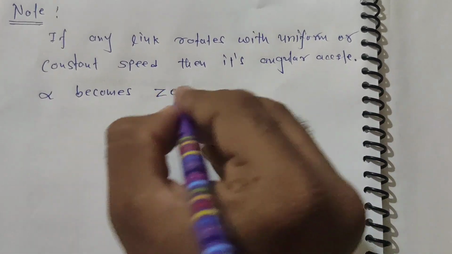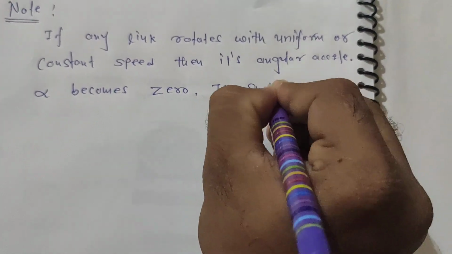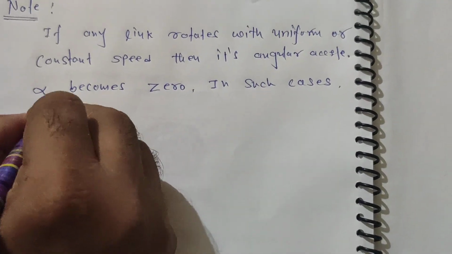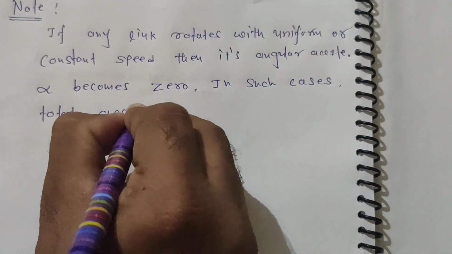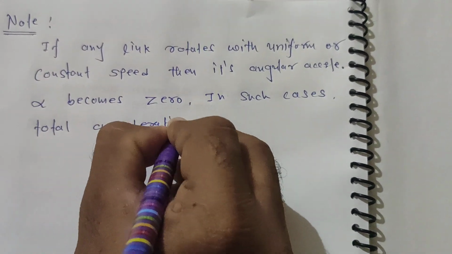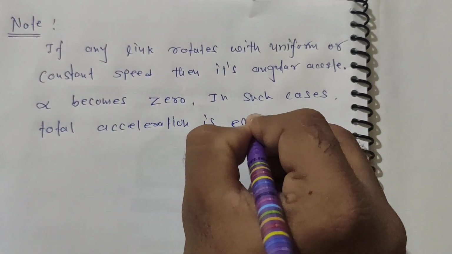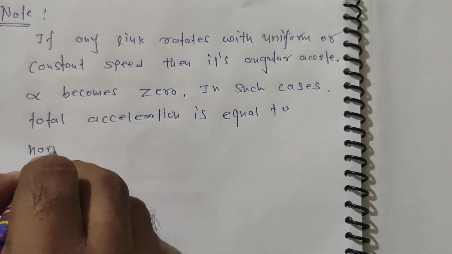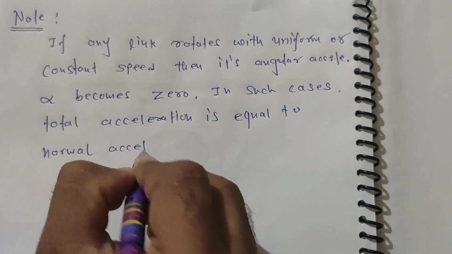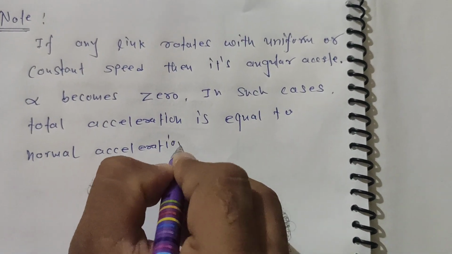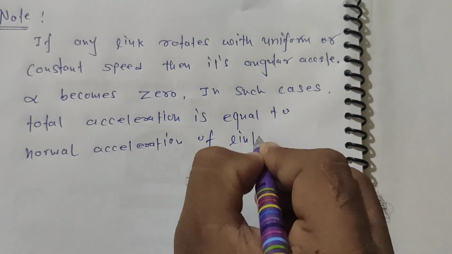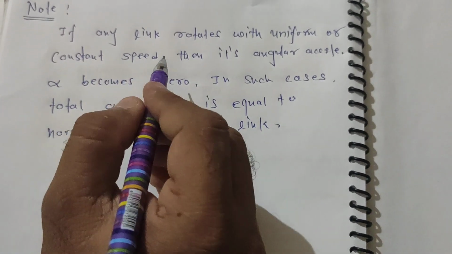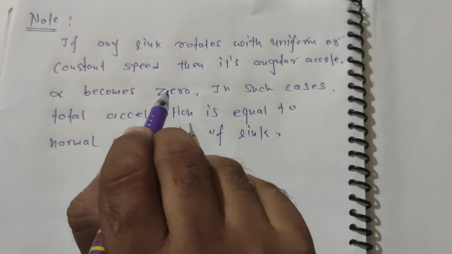In such cases, total acceleration is equal to normal acceleration of the link. Okay, it means if any link rotates with uniform or constant speed, then its angular acceleration becomes 0.